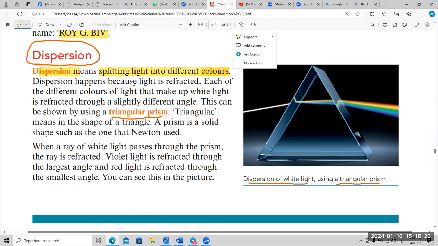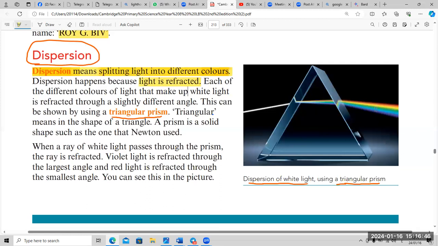Dispersion happens because light is refracted. We should ask a question here: why does dispersion occur? The answer to this question is because light is refracted. Each of the different colors of light that make up white light is refracted through a slightly different angle.